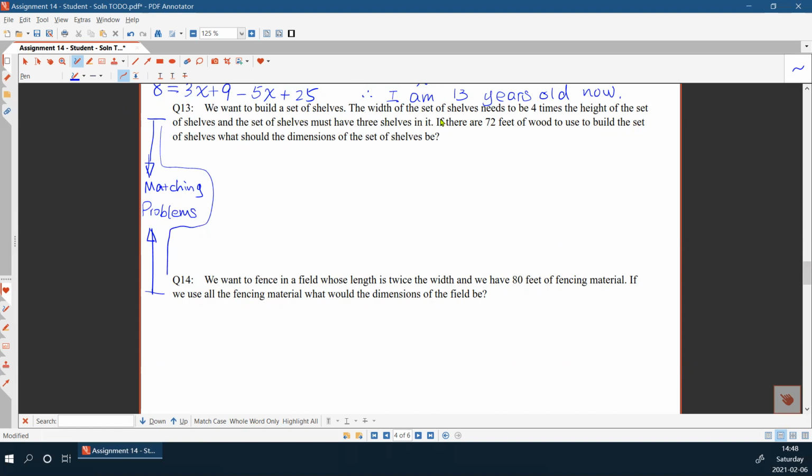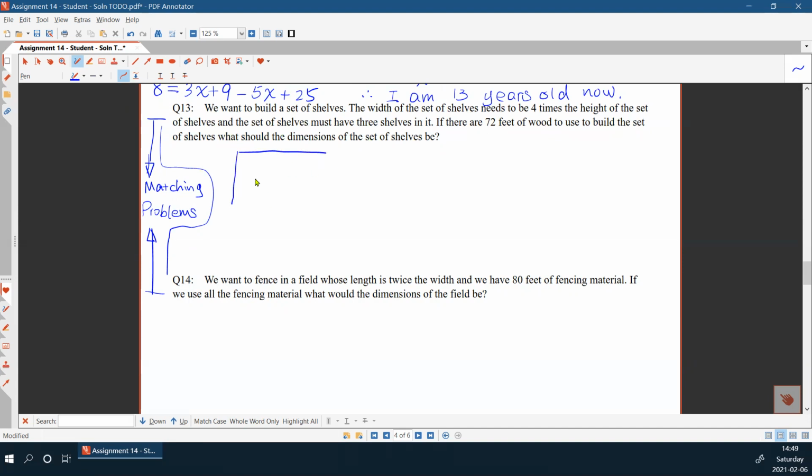The width of the set of shelves needs to be 4 times the height of the set of shelves, and the set of shelves must have 3 shelves in it. If there are 72 feet of wood to use to build a set of shelves, what should be the dimensions of the set of shelves to be? Okay, to solve the typical matching problems, it's better for us to draw a diagram.